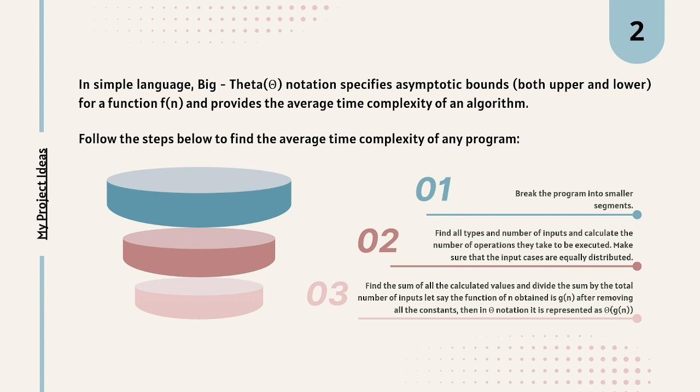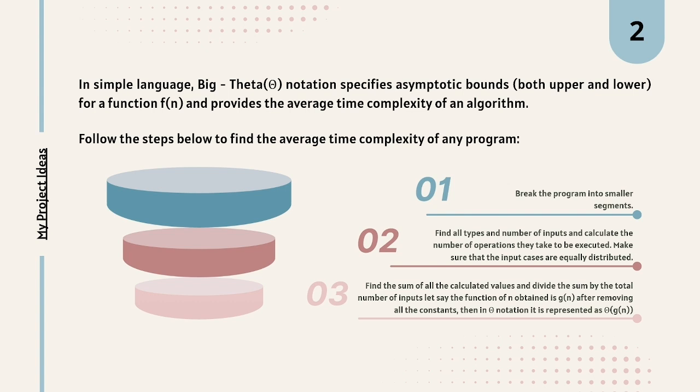These are the steps you need to follow to find the average time complexity of any program. First, break the program into smaller segments, because a huge program, if you do not break it, will be complicated not only for you but also for all other people who are gathering information from your program. Then find all types and number of inputs and calculate the number of operations they take to be executed.